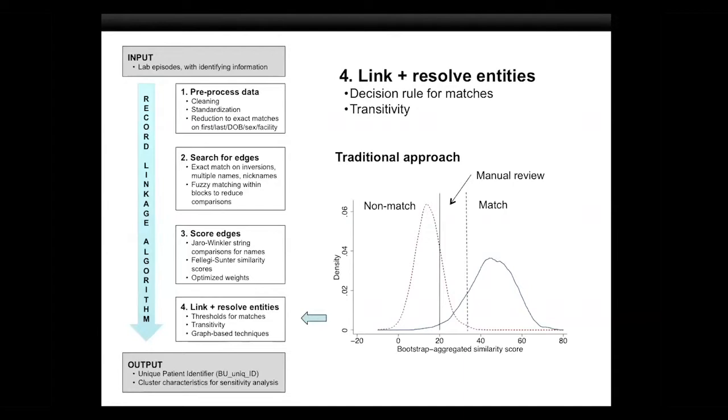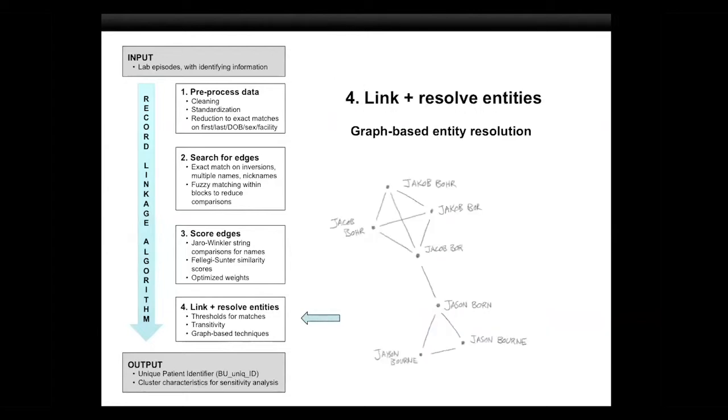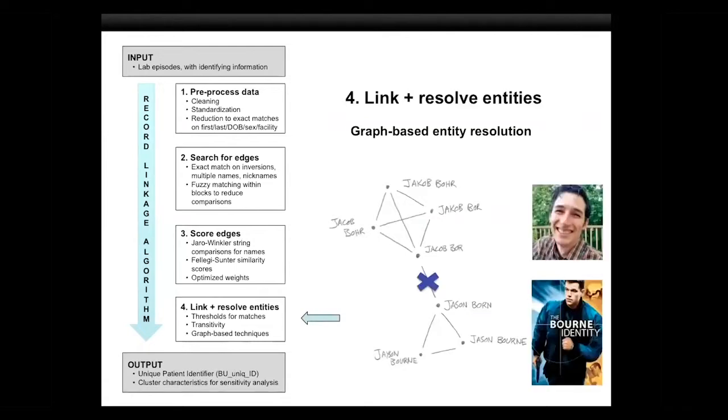So instead we asked, can we use some information about the network structure or graph structure of these potential patients to say, is this plausibly an individual? This prevents the blowing up of large clusters, which can be identified as not plausible patients. So here's a case where I happen to be falsely linked with Jason Bourne, and we know that we're not the same person.